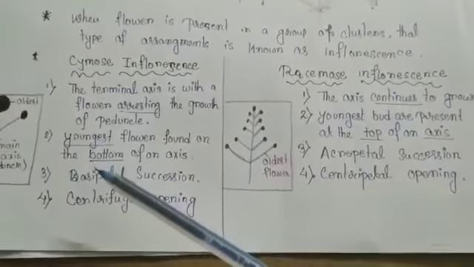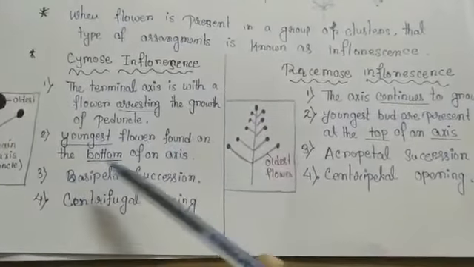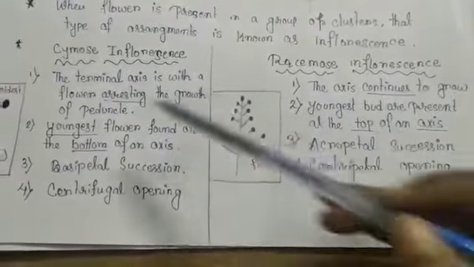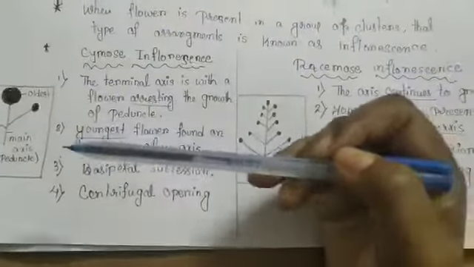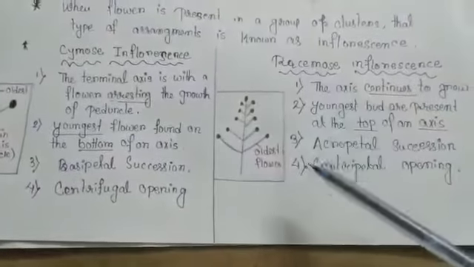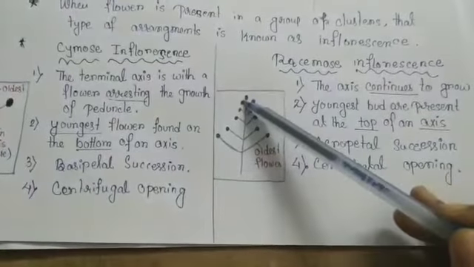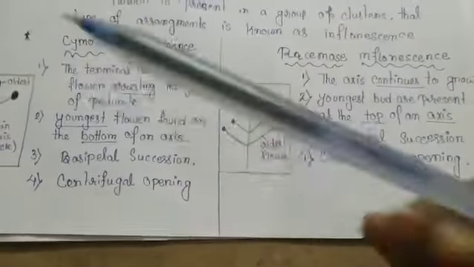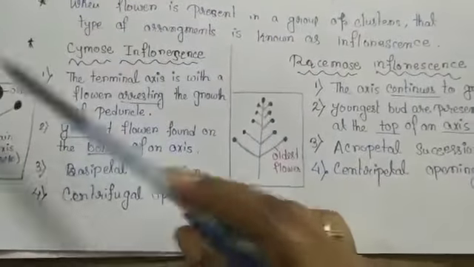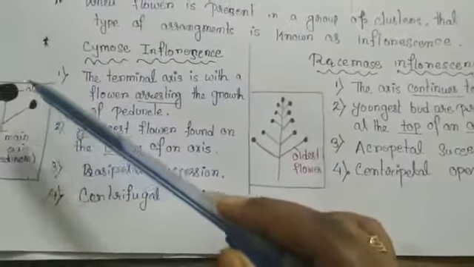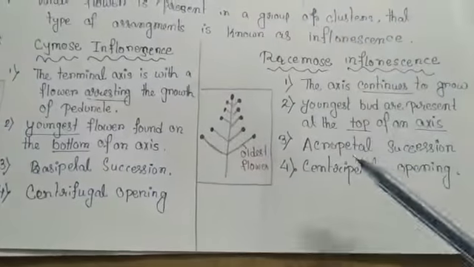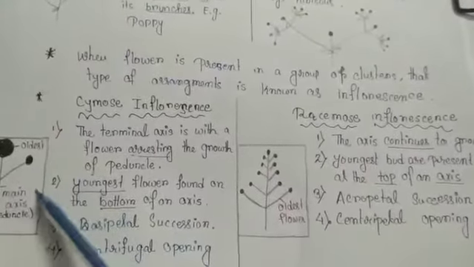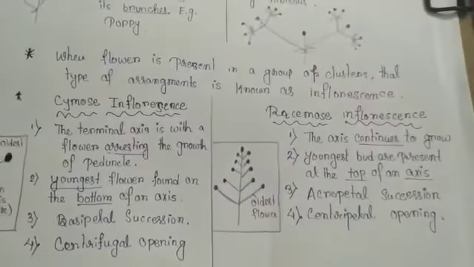Next, in cymose the youngest flower is at the bottom of the axis, and in racemose the youngest bud is at the top. Cymose shows basipetal succession, meaning the oldest remains at the tip and the youngest at the bottom, and centrifugal opening. Racemose shows acropetal succession and centripetal opening.